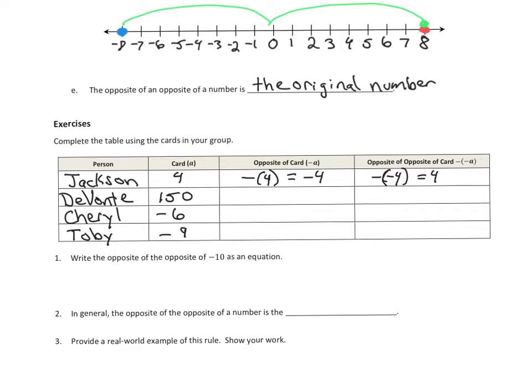Okay, the next one would be the opposite of 150, and we'll write that inside the parentheses. And that, as we all know, is negative 150. So now what we end up writing here is the opposite of this negative 150, which we know to be, again, the positive 150.